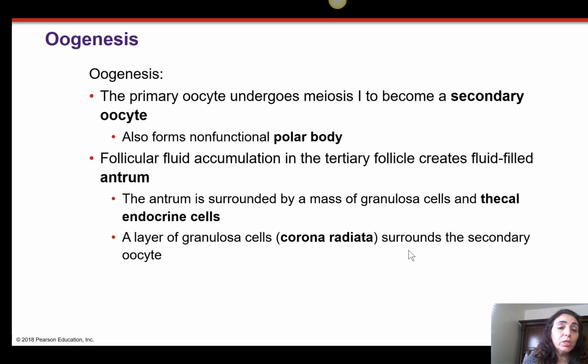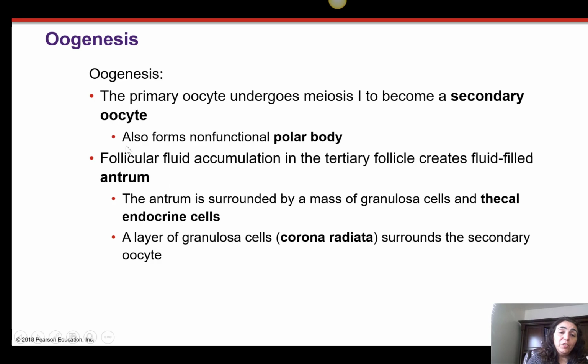Now, for oogenesis, after oogonia we have primary oocytes, and primary oocytes undergo meiosis 1 to become a secondary oocyte, right? So after meiosis 1, we have secondary oocytes.